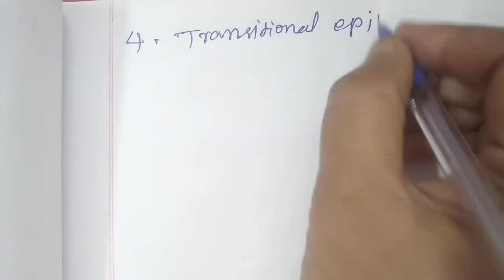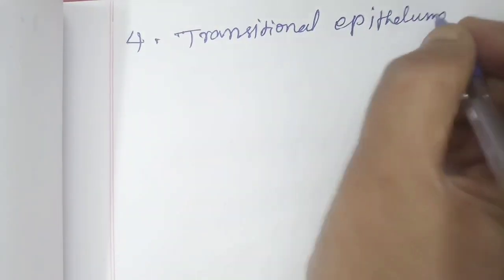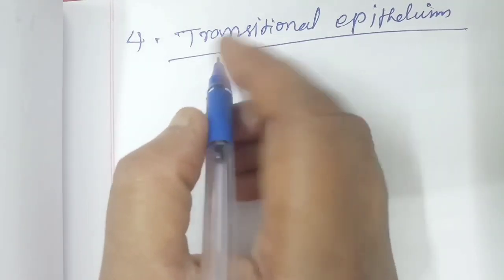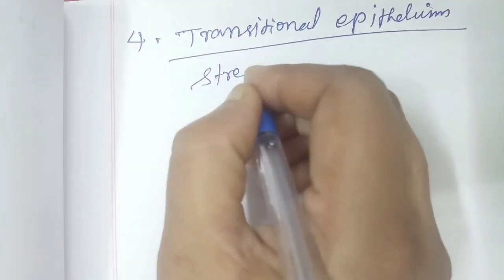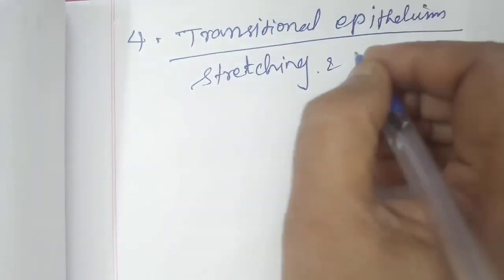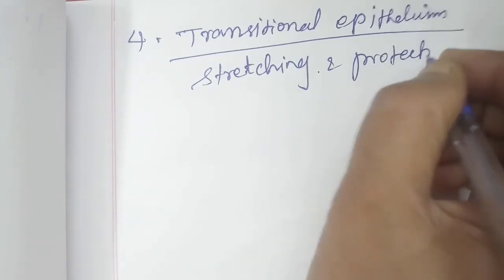One more epithelium is there, the fourth one in compound epithelium: transitional epithelium. This is mainly for stretching and protection.